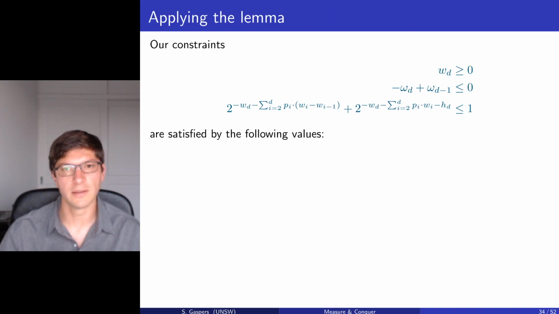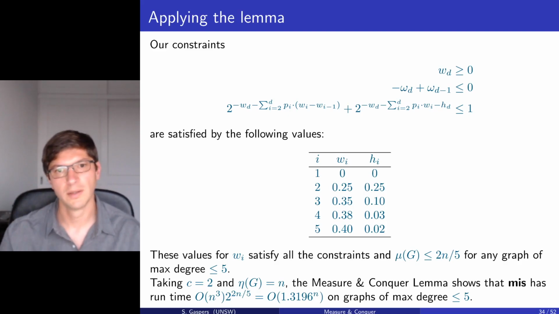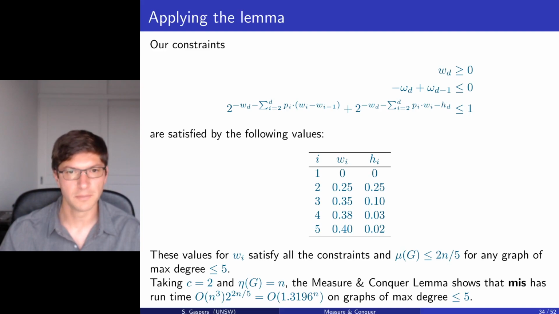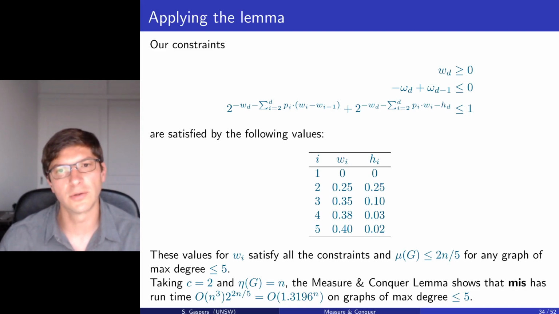So if we put everything together, these are the constraints that we have in the end. And I went ahead and tried a few values, and I came up with this. I set omega 0 and omega 1 equal to 0, and then the omega i's are positive for I at least 2. These are the omegas that I got, and they satisfy all the constraints.